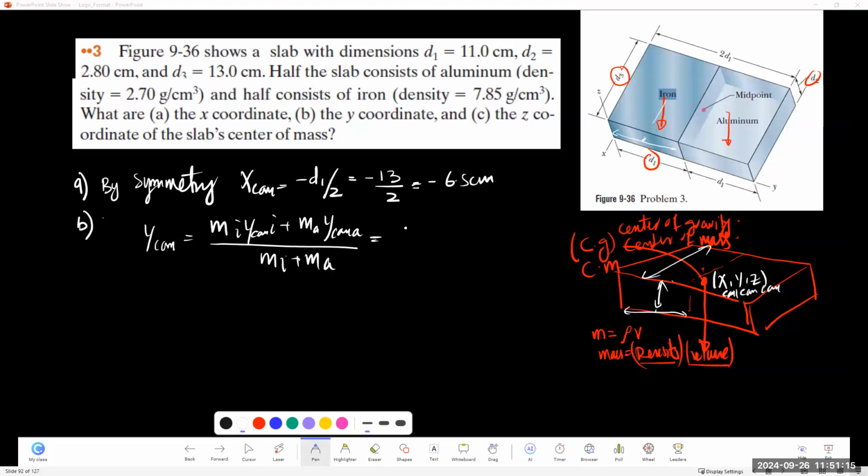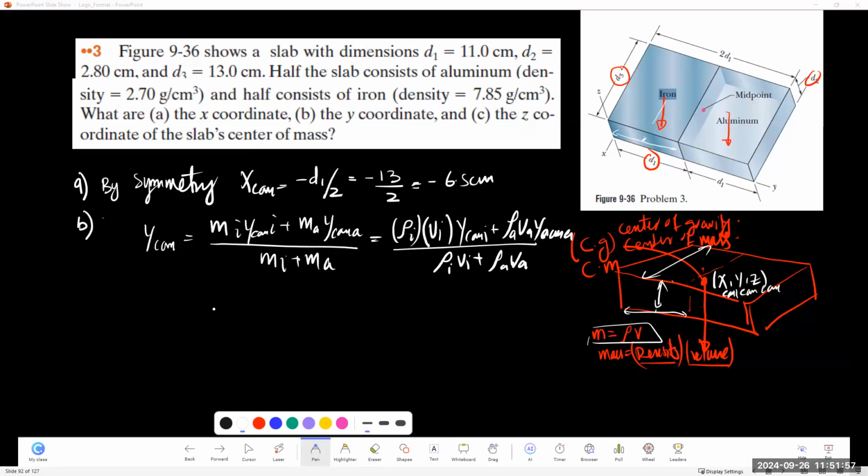Since masses are not given, I have to write them using this formula: mass with density and volume. But density and volume go with the material. So the density of iron is different from the density of aluminum, as you can see in the problem. So it is rho I Vi y combined I plus rho A Va y combined A, divided by rho I Vi plus rho A Va.